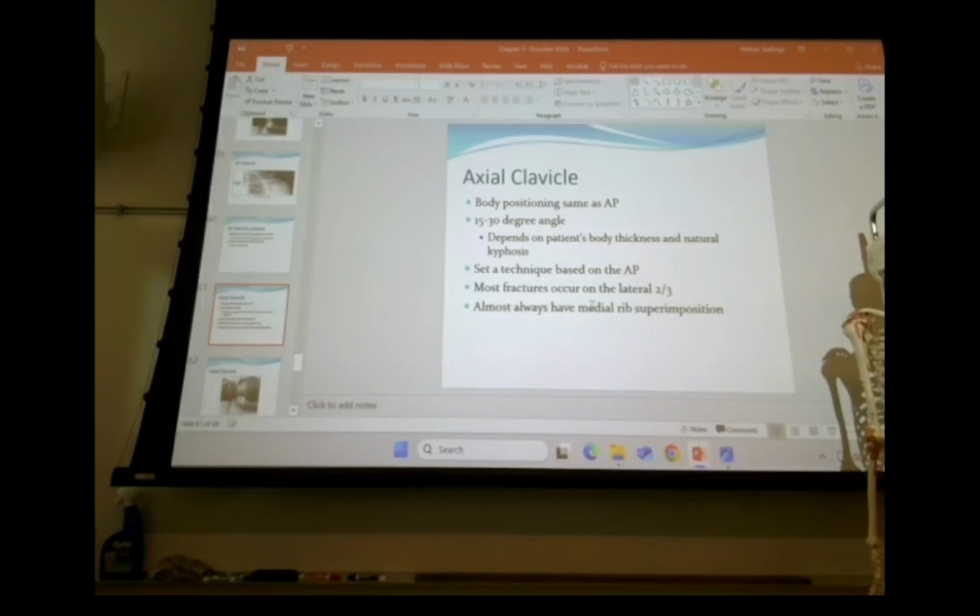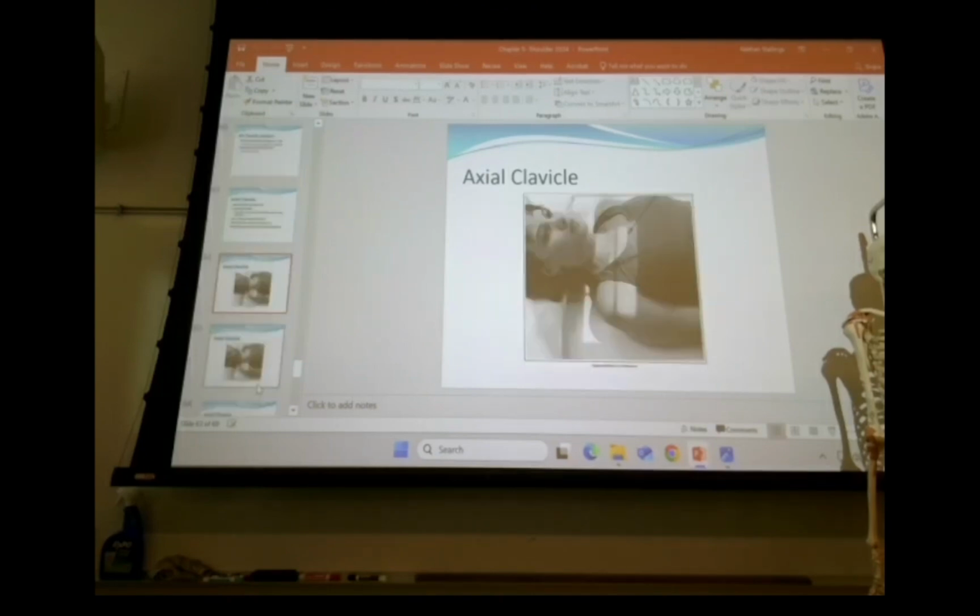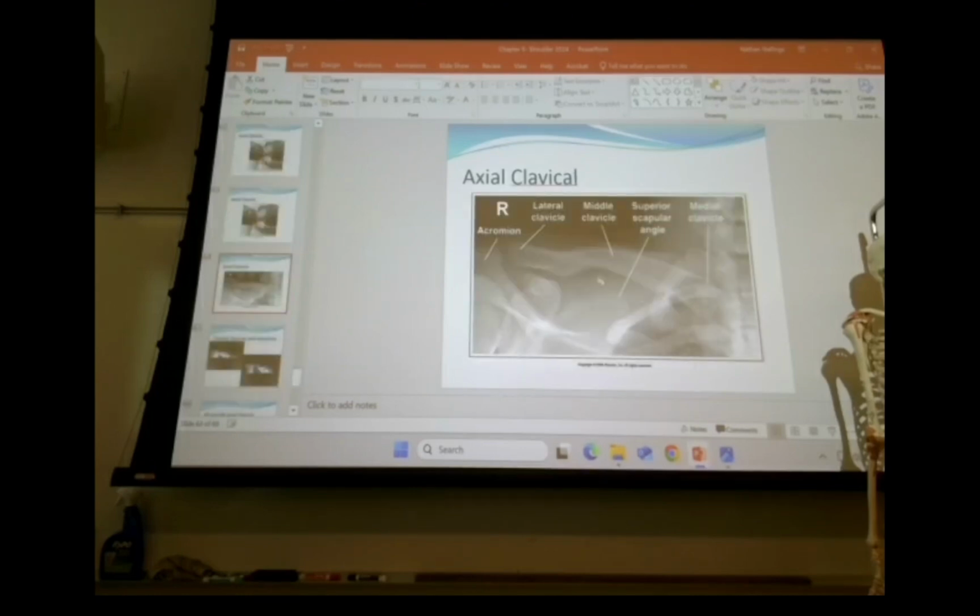If you angle enough to get the clavicle completely off of the ribs, it's just an ugly image. You're going to have some sort of superimposition on the medial end. So good collimation. Make sure you include everything that needs to be included. That's what it should look like. Again, we've still got some superimposition on the medial end. That's okay because most of your fractures are going to be the lateral two-thirds.